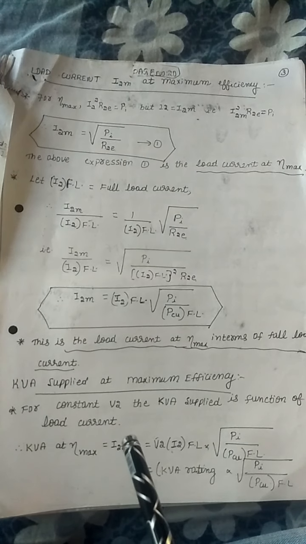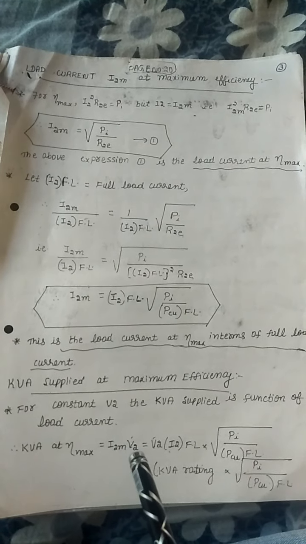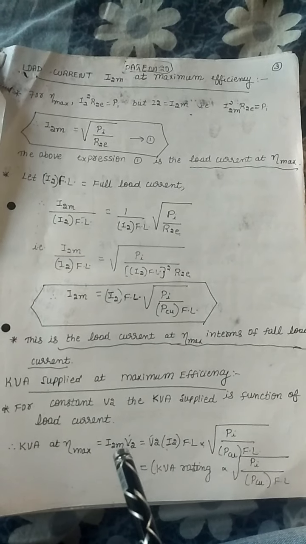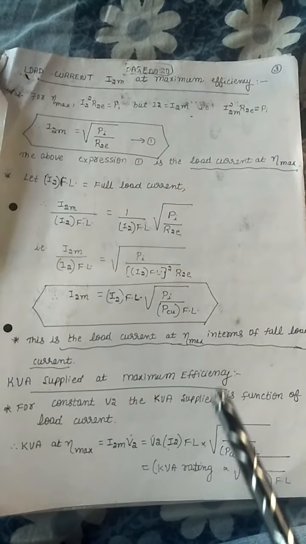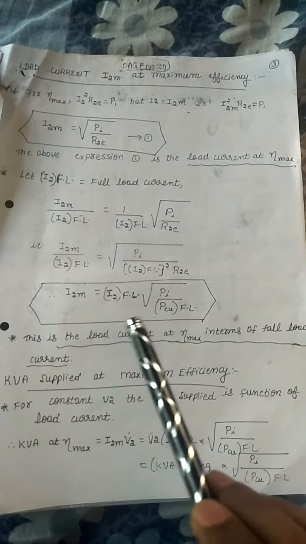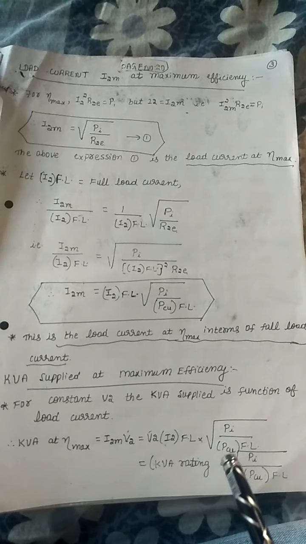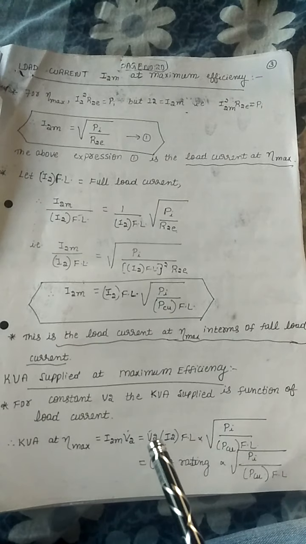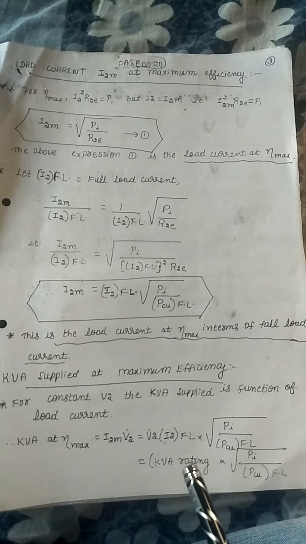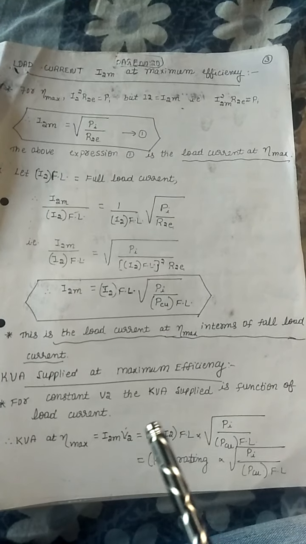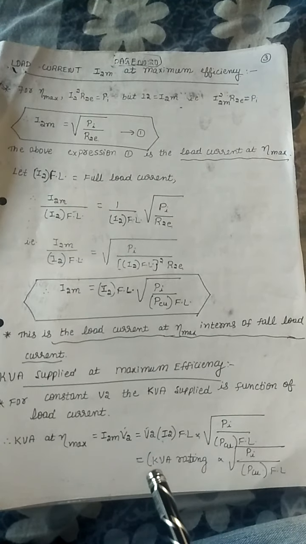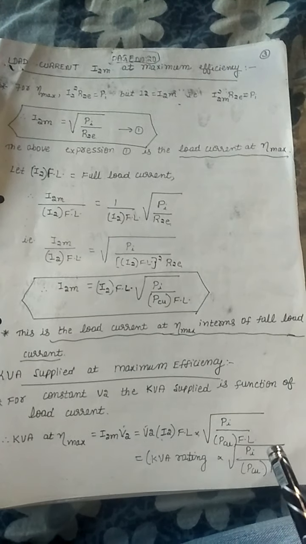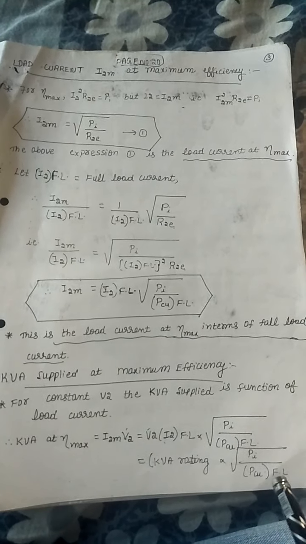Therefore, I2M into V2, where I2M is given by this expression: I2 FL into square root of Pi divided by PCU FL. V2 into I2 FL means the kilovolt ampere rating. So I can write it as the kilovolt ampere rating into square root of Pi divided by PCU FL.